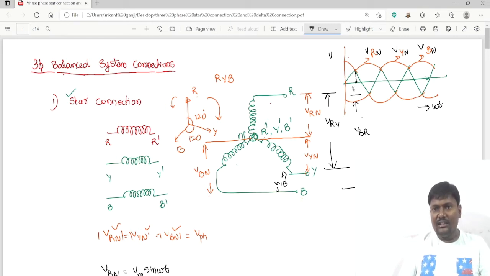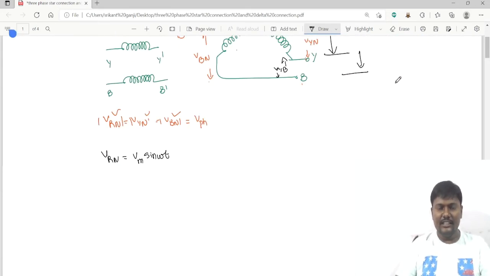So this is 30 degrees and this one is 150 degrees. 0, 30, 60, 90, 120 and 150 degrees. After 120 degrees Y phase goes to positive, and after 240 degrees B phase is going to the positive. 150 plus 120 is 270 degrees.